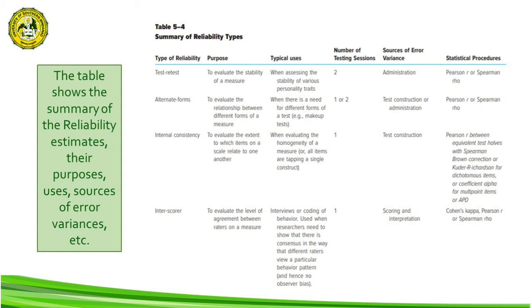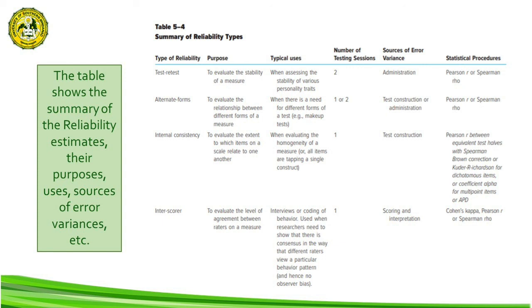So, dalawa yung testing sessions niya. Yung sources of error variance is on the administration. Kasi nga, yun yung gina-examine niya or yun yung target niya na ma-test yung sa test administration. Yun, ang statistical procedure na ginagamit, pwede siyang gamitan ng Pearson R or ng Spearman-Rao.